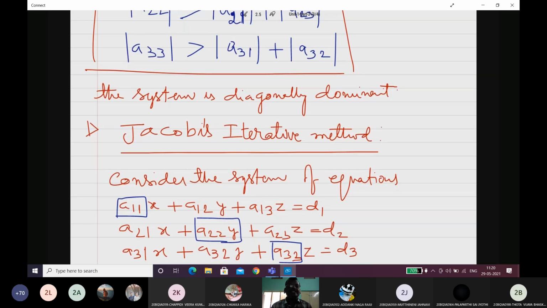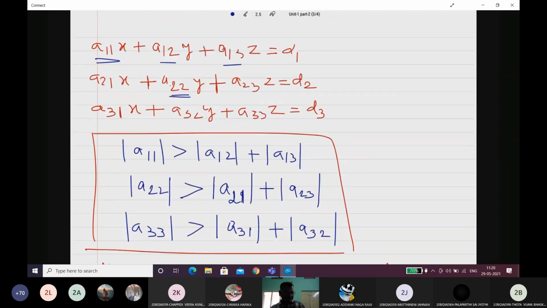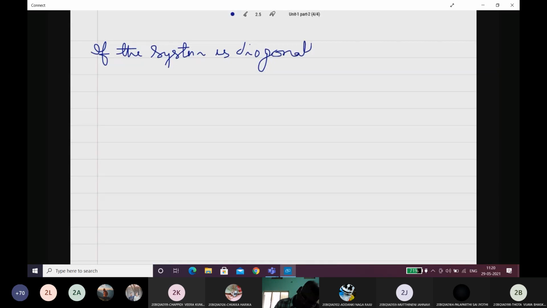If it is diagonally dominant, then we proceed to the next step: solve these equations for x, y, z.